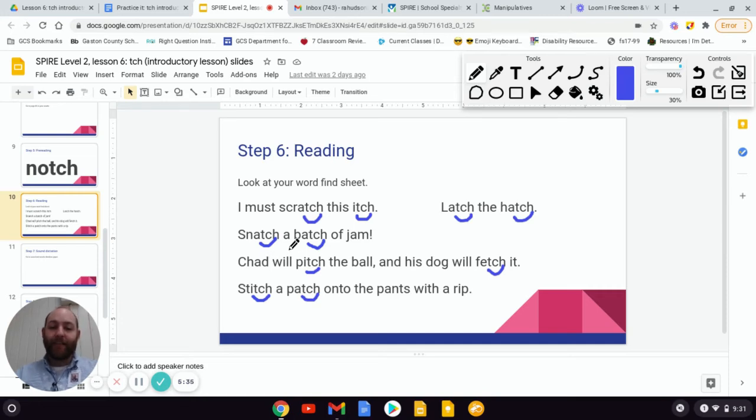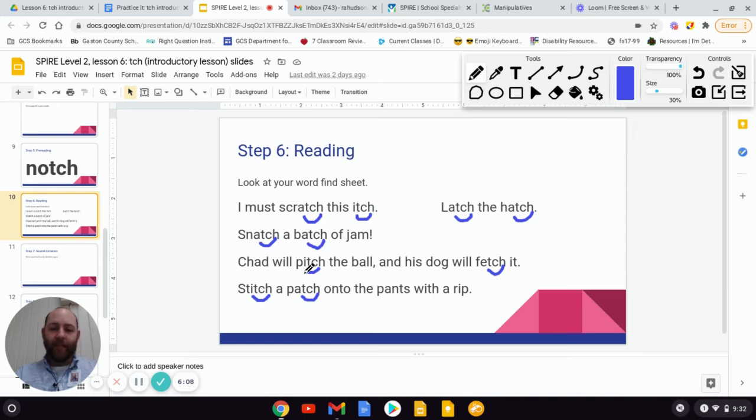I want you to repeat after me as I read this sentence. I must scratch this itch. Latch the hatch. Snatch a batch of jam.